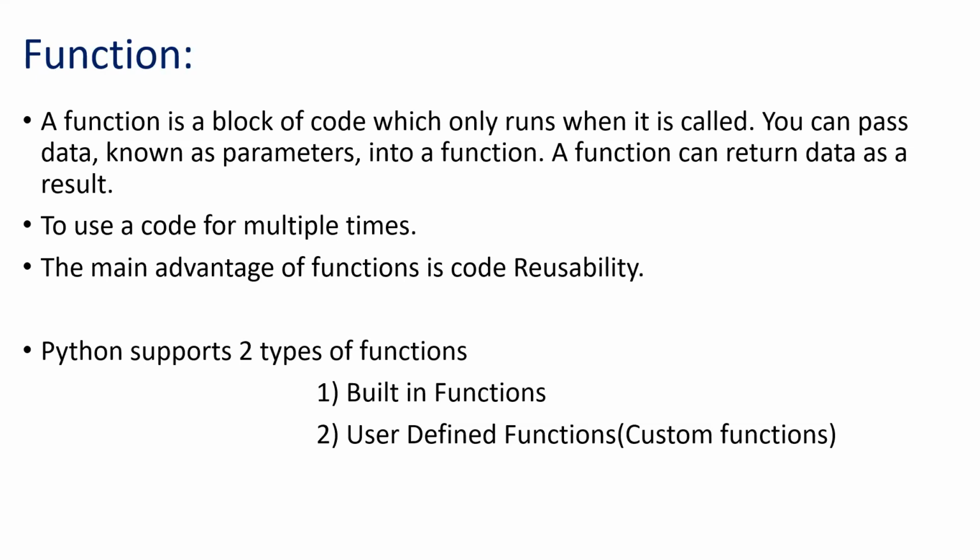If you take C, it is functional programming, and C++ and Java are both object-oriented programming. But Python supports both functional and object-oriented, so we can say it supports two types of programming. Today we are going to discuss functional programming.